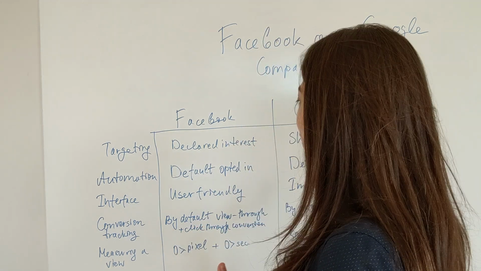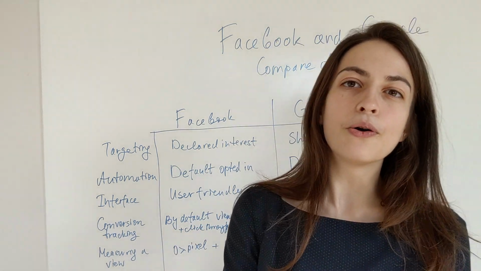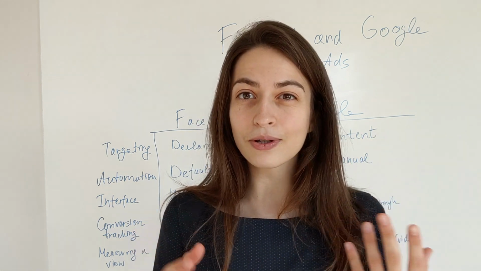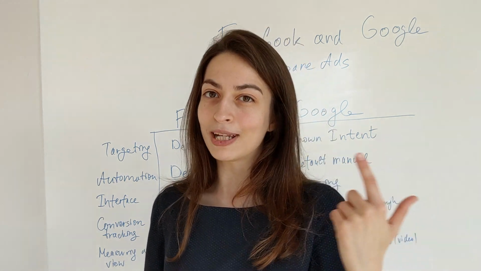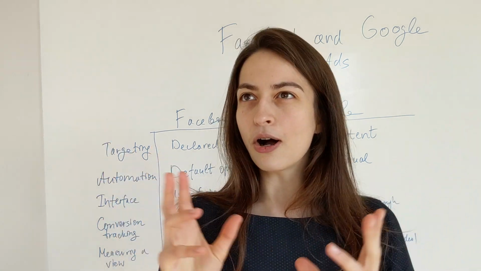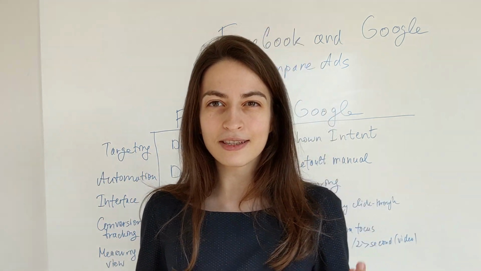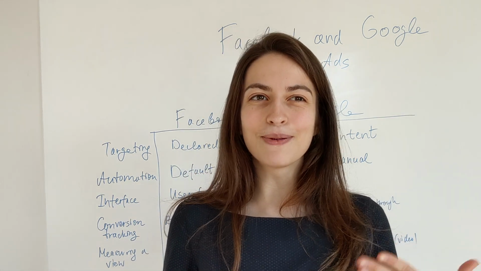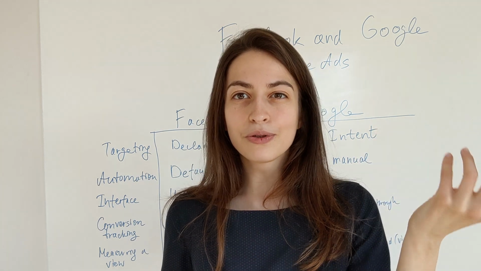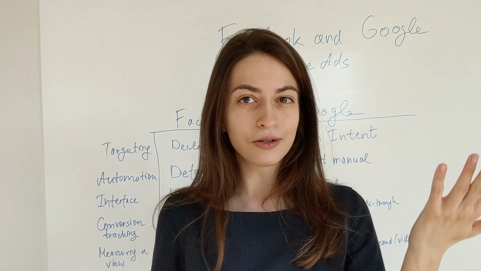Whereas on Google, you are by default manual. So by default, you have a lot more choices. This is why the user interface is much more complicated, which is my next point. Google is giving you all these options, and especially if you're a new advertiser, it can be very confusing. But the reason behind it is that they want to make sure that you can do things manually, but if you want, you can allow them to do it automatically.